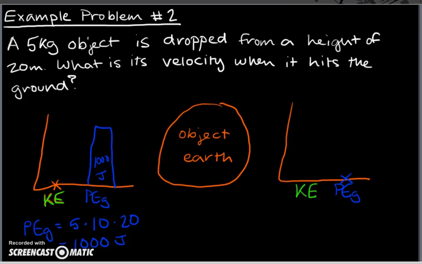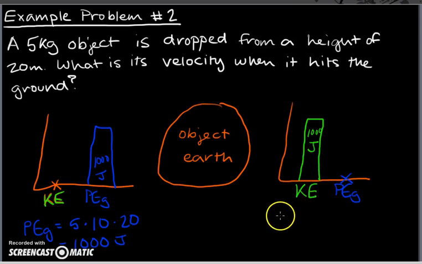And that means that because energy in a system is conserved and no energy has been transferred into this system because no work has been done on it, we know that all of this potential energy of gravity has to be present somewhere in this system once it's dropped. So, because we know none of it is potential energy of gravity anymore, we can say that 1,000 joules of potential energy of gravity have all become kinetic energy.